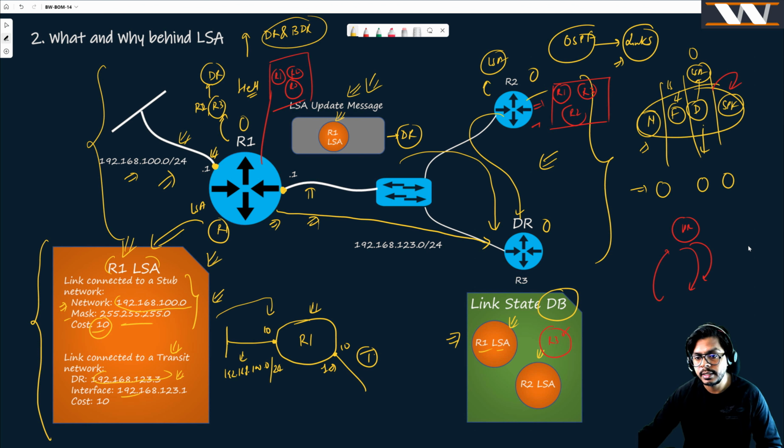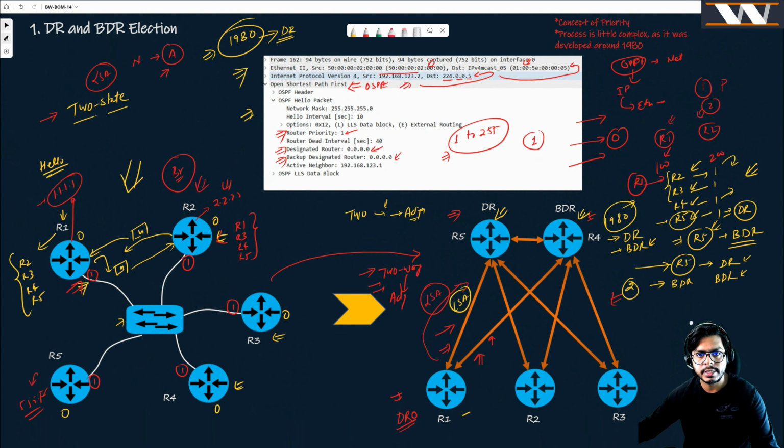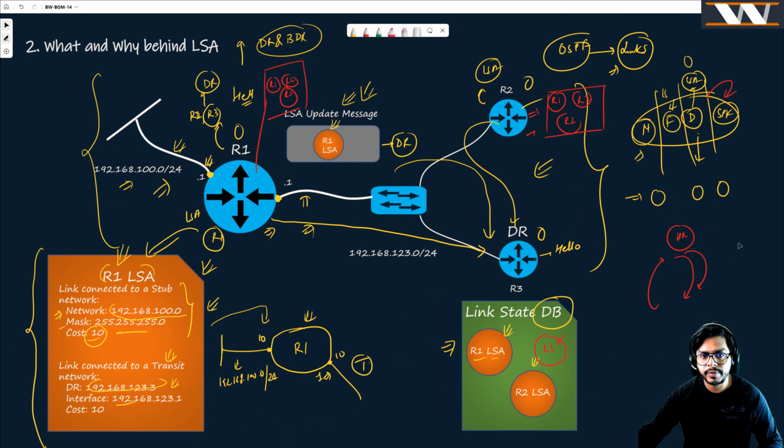And once the DR election has happened, the hellos which are coming, as I showed here, this is the starting stage where every router is sending the hello, but inside this hello, I'm writing with the green pen, they are writing designated router as 0.0.0.0. But in the next board, I showed you how you are going to find the DR. If you find the DR, which is R3, any LSA generated by R1 or R2 is going to say that over this network they have selected R3 as DR. So in the designated router field, it is not going to be 0.0.0.0 this time. It is going to be 3.3.3.3.